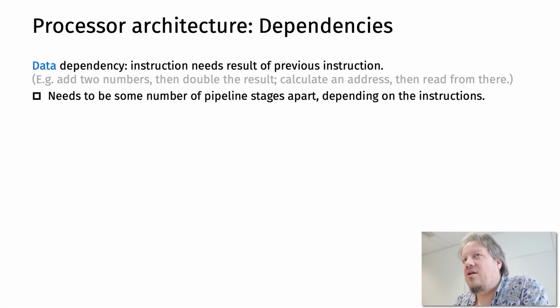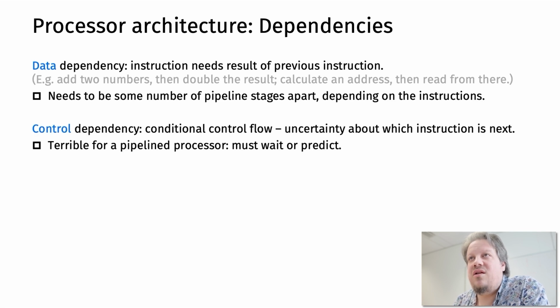The other thing that has the potential to be a disaster is a control dependency. You get that from conditional control flow, from uncertainty about which instruction is next. And this uncertainty is terrible for a pipeline processor, because you must either wait for this information to be available and then no instructions are coming into the pipeline, so this wastes a lot of time.